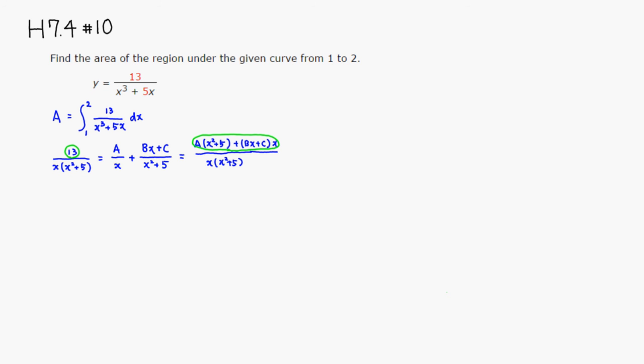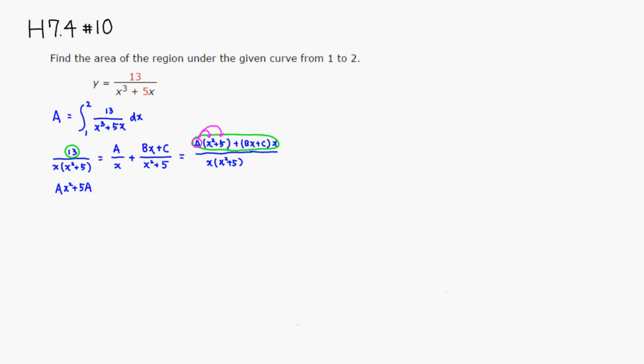If we distribute A to x squared and 5, we get Ax squared plus 5A.